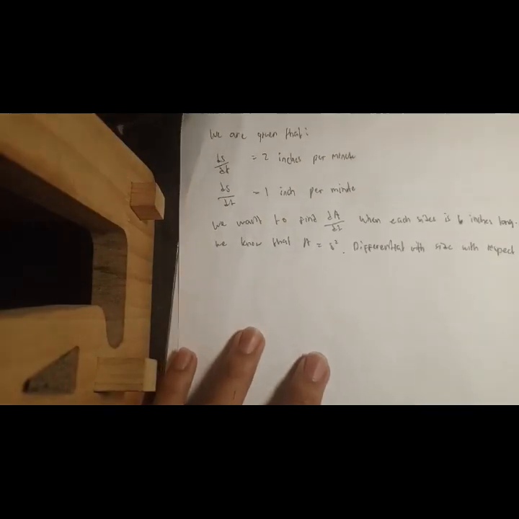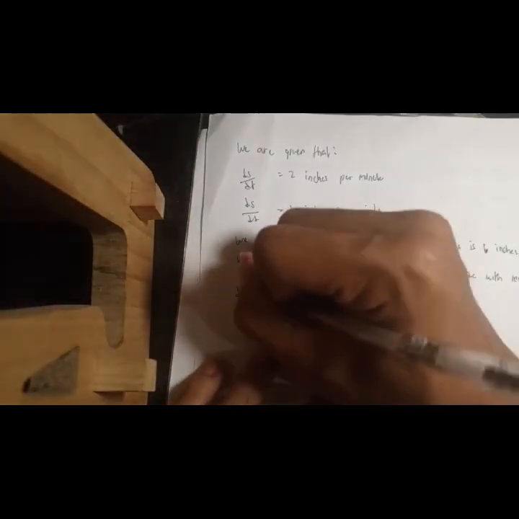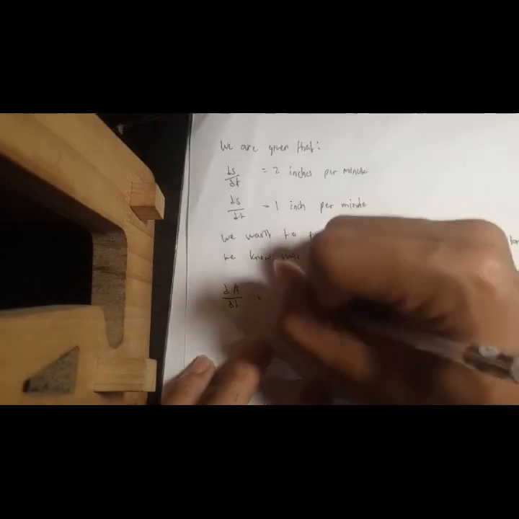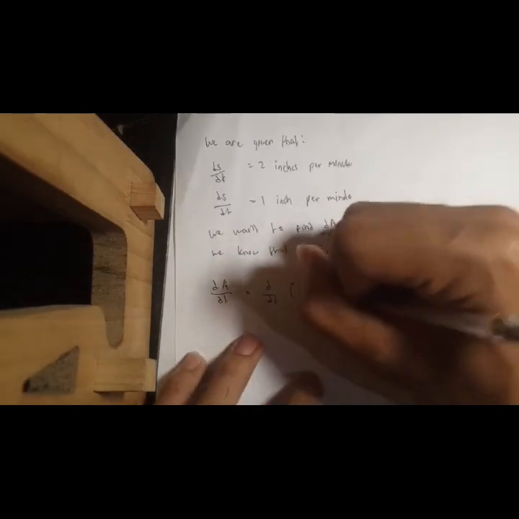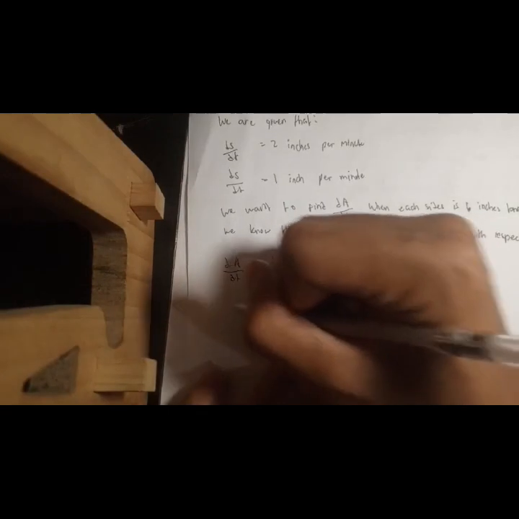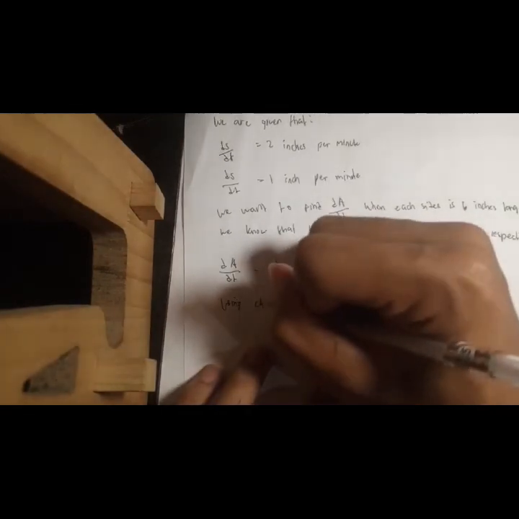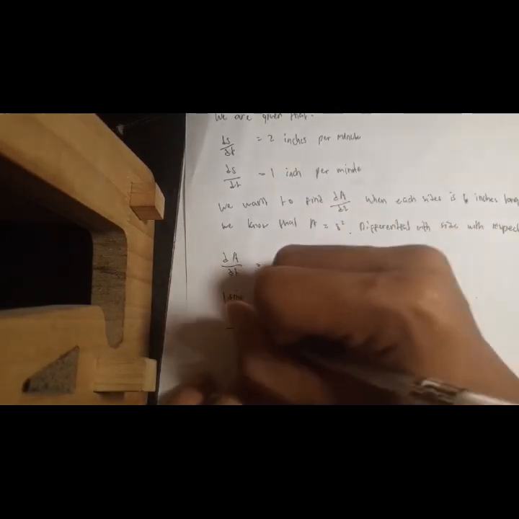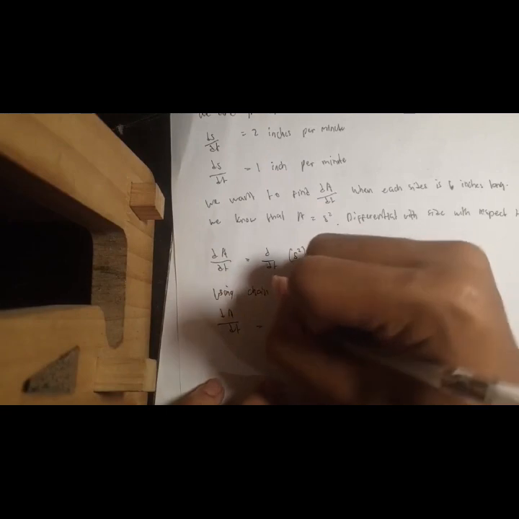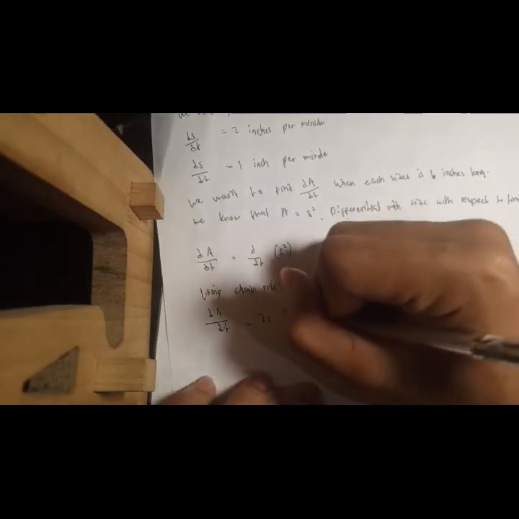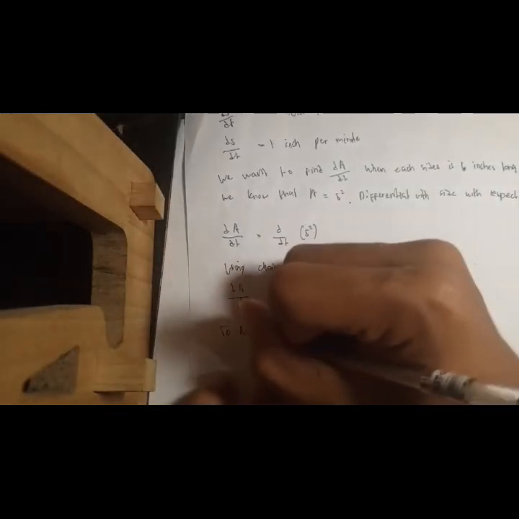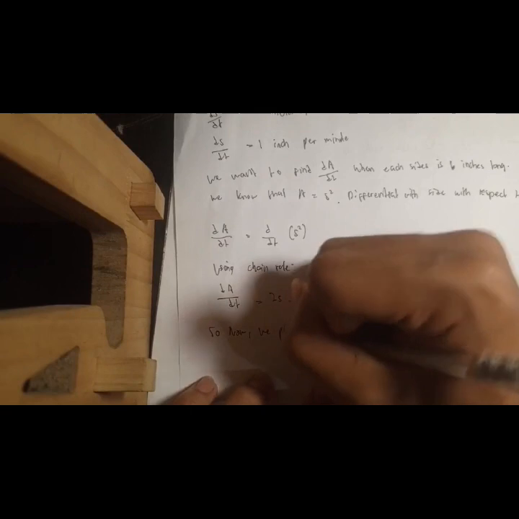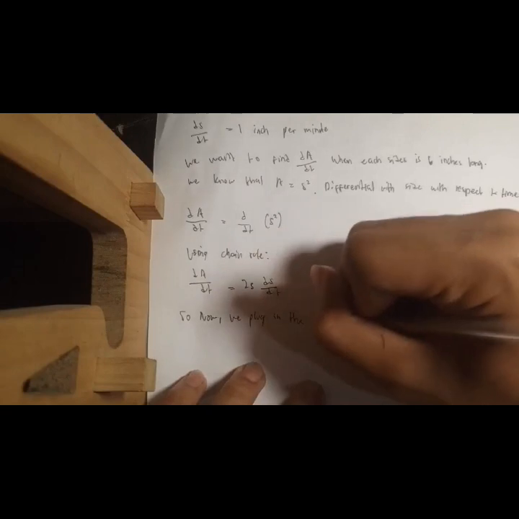So we're going to substitute it. dA over dt is equal to d over dt of S squared. Using the chain rule, dA over dt is equal to 2s ds over dt. So now we plug in the given values.